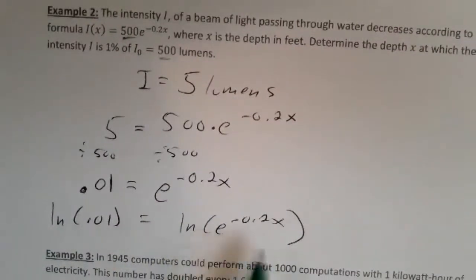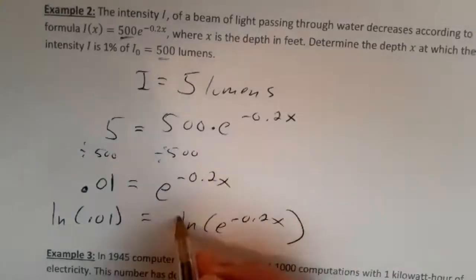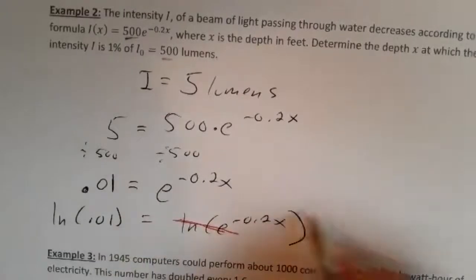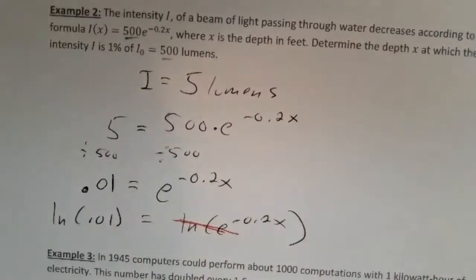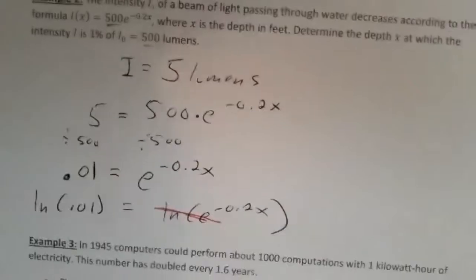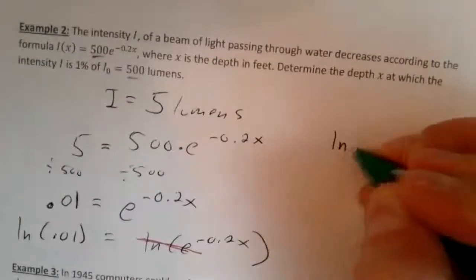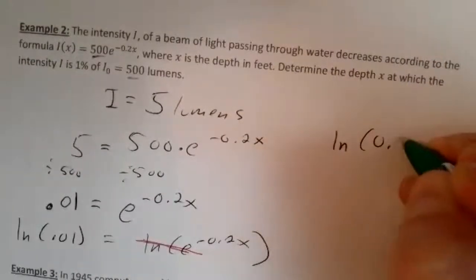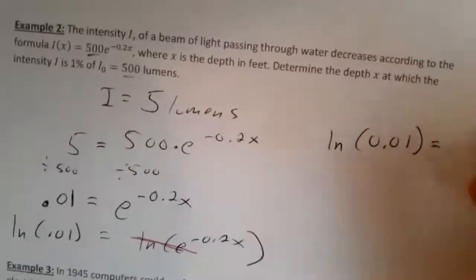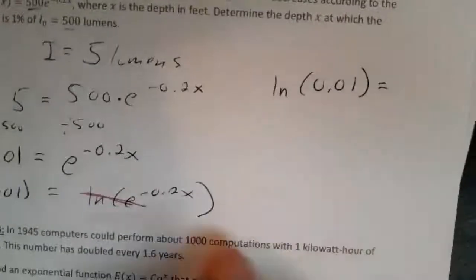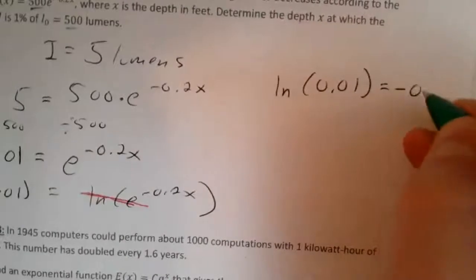This side, we have this ln and this e. These are inverse functions. The entire reason why I took the log of this side was to get rid of those things. And so the left side looks like ln of 0.01. The right side looks like just this thing up in here, this negative 0.02x.